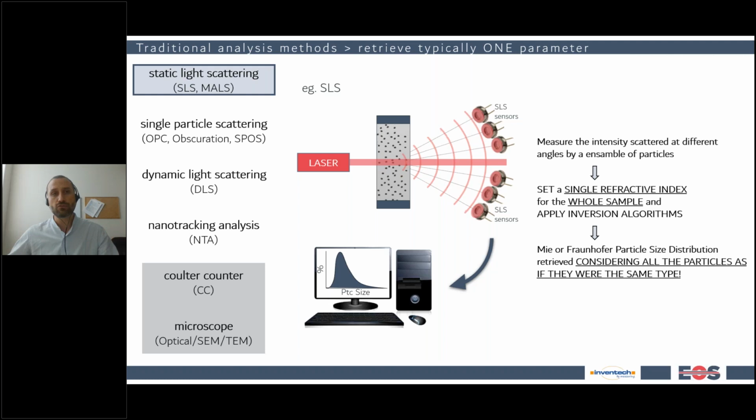So it provides a single piece of information, the particle size distribution, considering all the particles as if they were the same type in suspension. You are not able to discriminate more populations or a mix of particles.